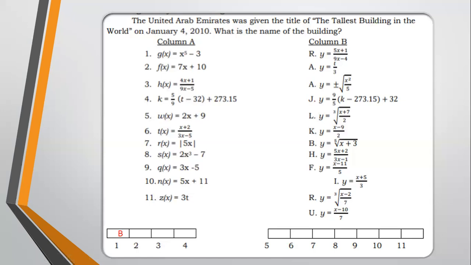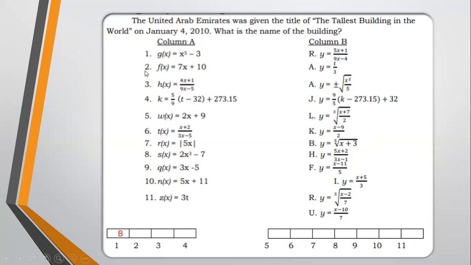And if you will transform that into symbols, 1 over 5 is actually the same as getting the fifth root of something. So with those in column B, the one with the fifth root is just letter B. And then, of course, you need to get the inverse sign of your constant. So from the original, it's -3. So its inverse is +3. That's why the answer is letter B.